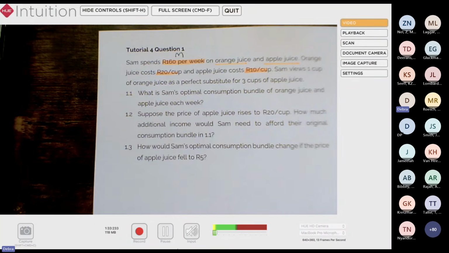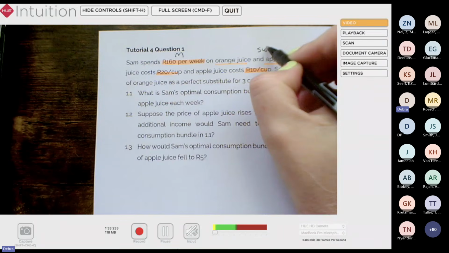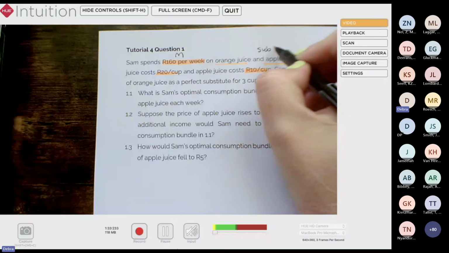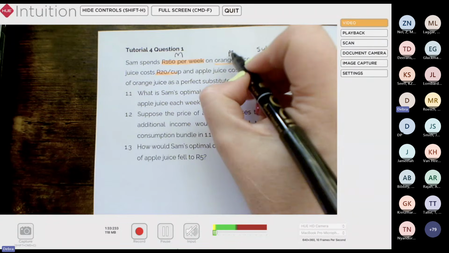Okay, so this type of example is working with perfect substitutes. And it means that our indifference curves are going to take a very particular shape.